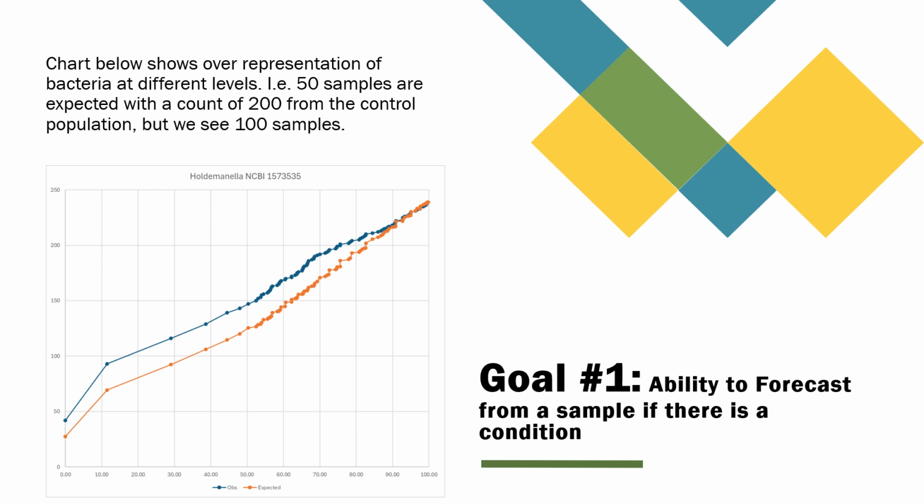A simple example is the chart below. We have one line showing the expected number of samples with a specific percentile and the actual number of people for just one particular bacteria, and you notice they converge, but only at high numbers.